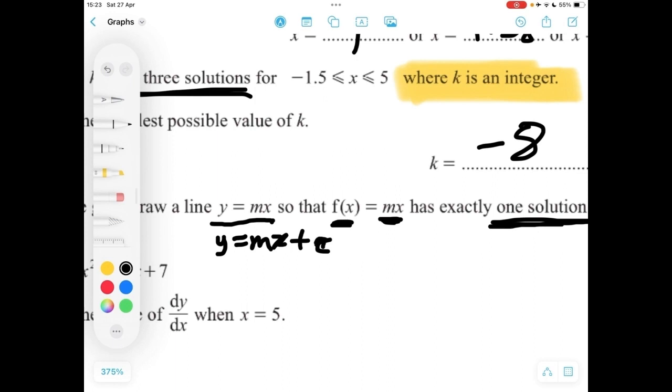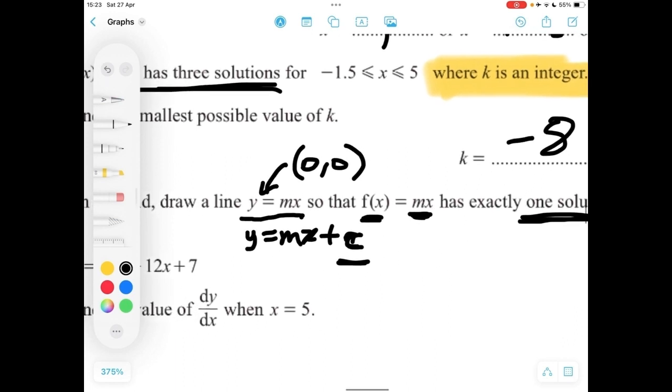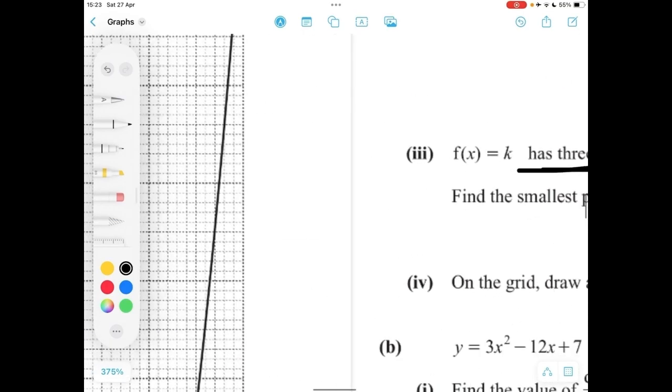This is the standard form of a line graph, but since there's no c, which stands for the y-intercept, the line y equals mx goes through the origin. And we know that the greater m is, the steeper the line will be, because m is the gradient coefficient.